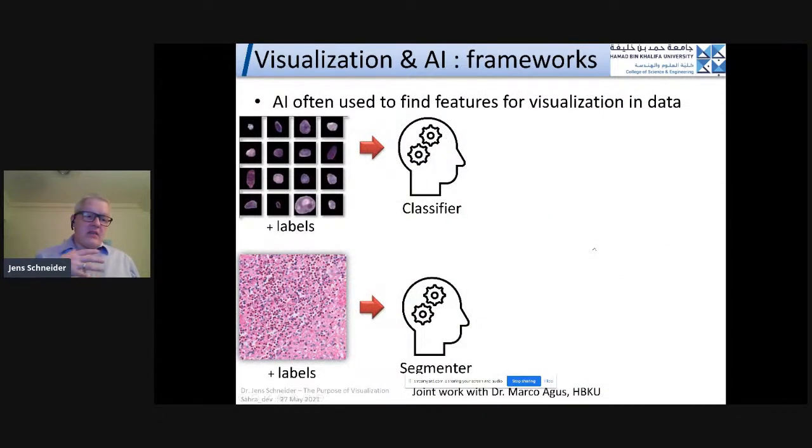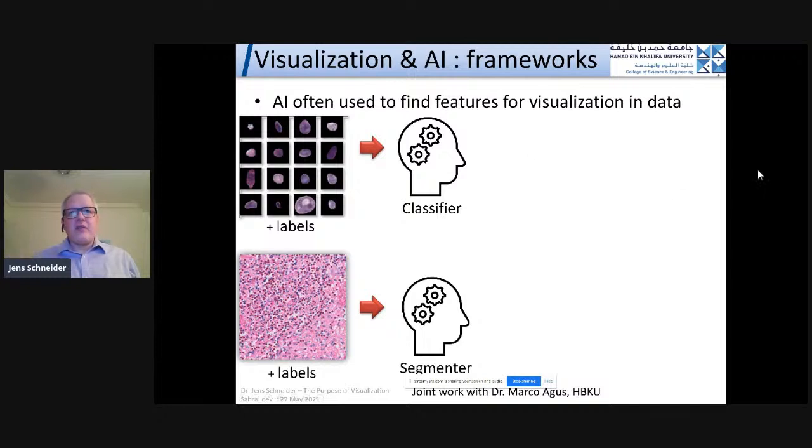And if you attended the talk of Dr. Marco, my colleague, yesterday, then he probably talked about this histopathology project where we use AI for the purpose of visualization. So we train with these data sets here and labels. We train a classifier and a segmenter. So essentially, first we train the segmenter, then we have these cutouts of the cell nuclei.